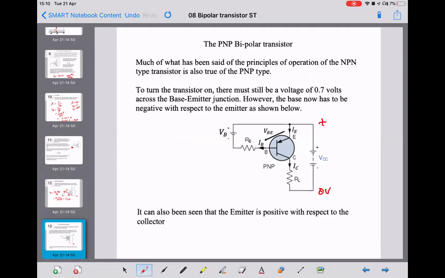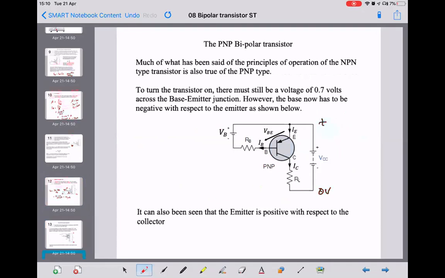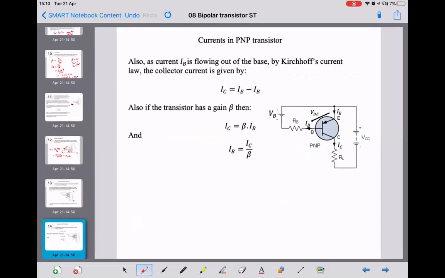And then what we have to consider is the current. As we've got a negative connected to the base, the conventional current is flowing out of the base.